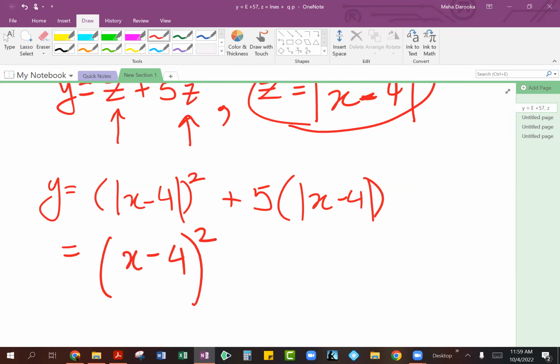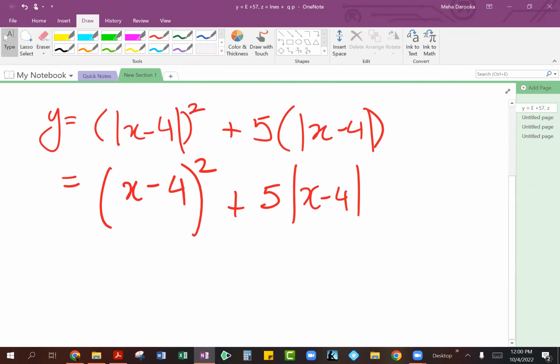However, nothing like this happens on the other side. So this one will stay 5 times the absolute value of X minus 4. Now, if you wanted to, you can FOIL the X minus 4 to the second power, but the absolute value of 5 times X minus 4 will stay the same. With the first half, you can definitely clean that up.